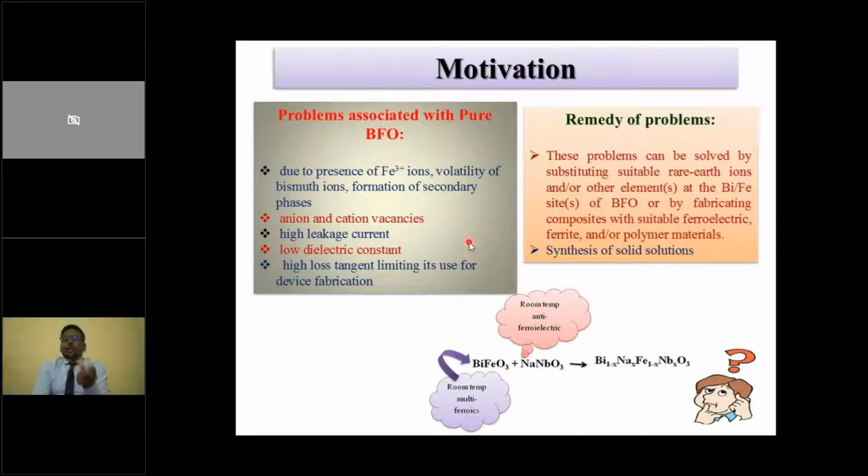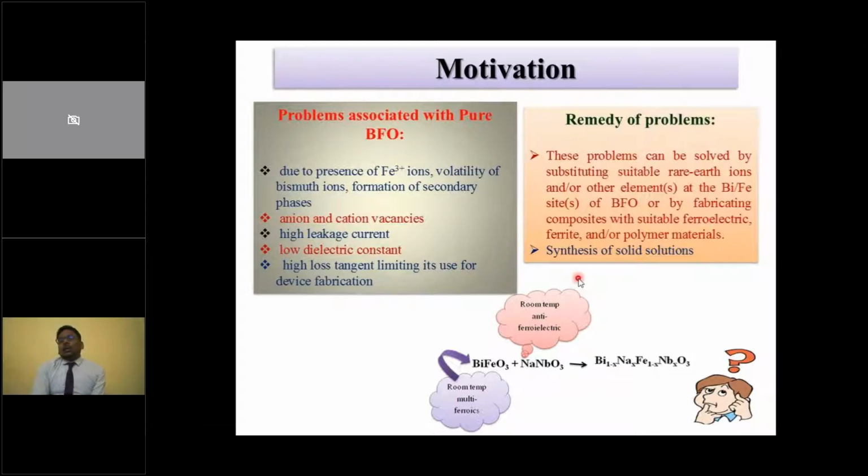Because of the presence of Fe3+ and the volatility of bismuth, secondary phases form in this type of material, and anion and cation vacancies are there. Those vacancies help carry current, and that's why there is high leakage current, low dielectric constant and high loss tangent, which limit different device applications.